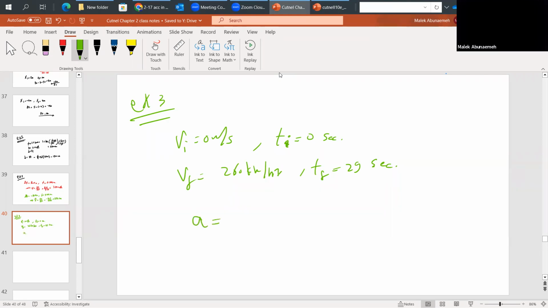Which your acceleration is going to equal to. Now you can change this from seconds to hours to complement this one. So 1 hour is 60 minutes, 1 minute is 60 seconds.